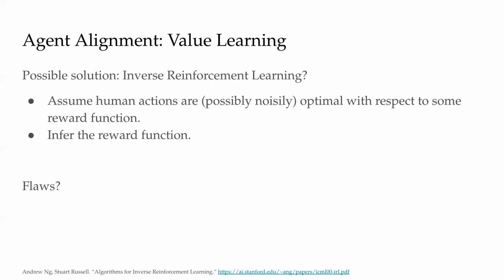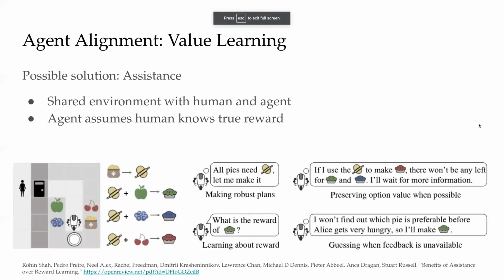So, a potential solution, but it carries some flaws. What about another one? Assistance. This is a paper that I worked on. In brief, you have this human and this robot in this environment, and the robot doesn't know the reward at all.